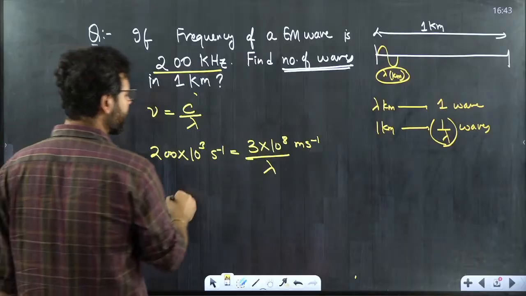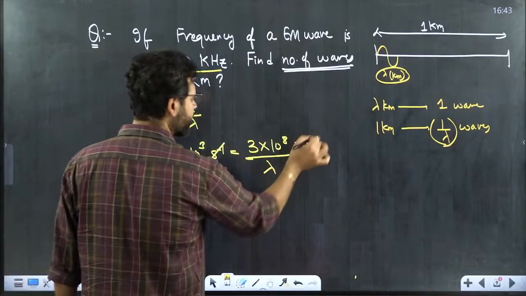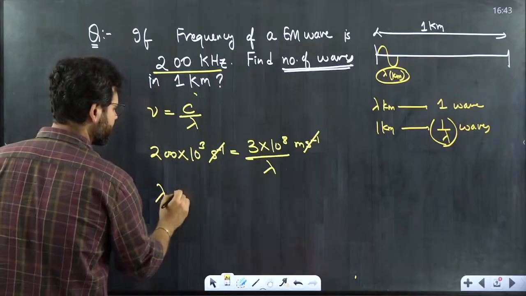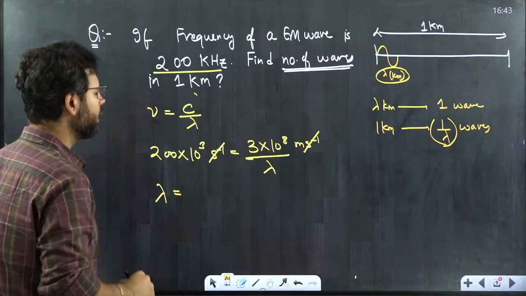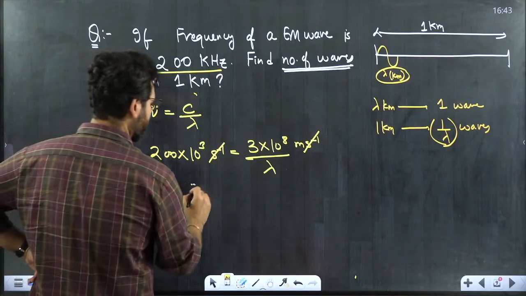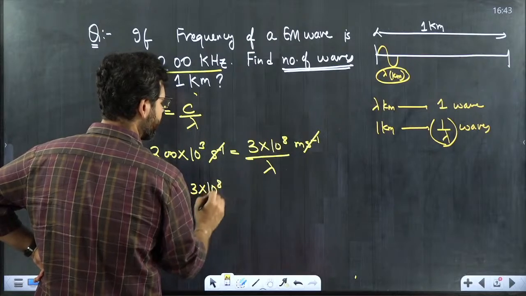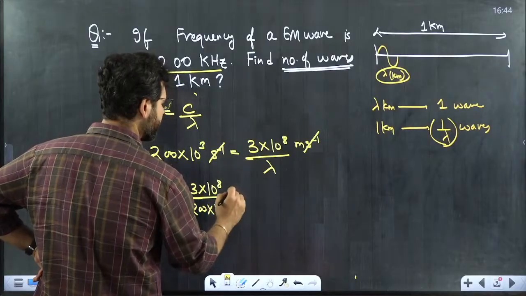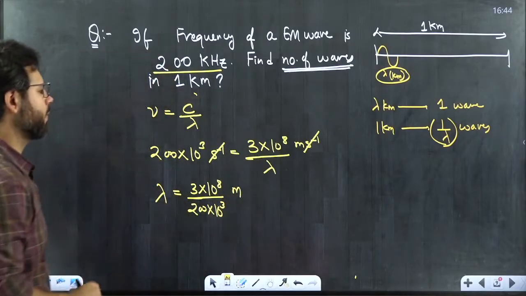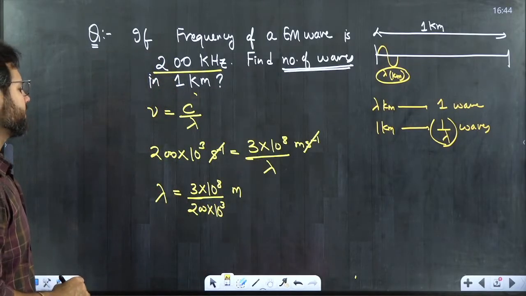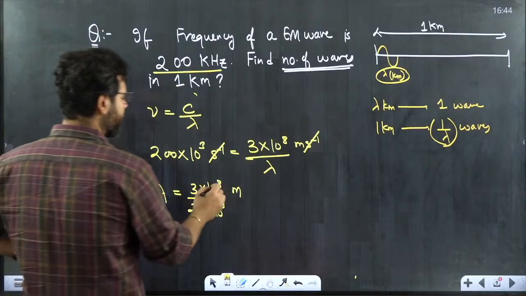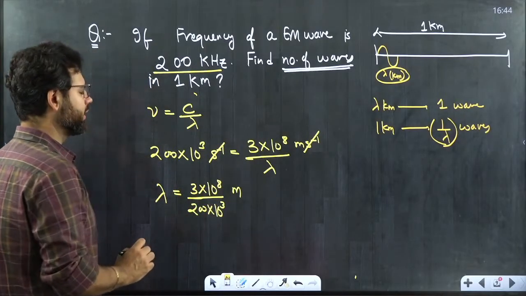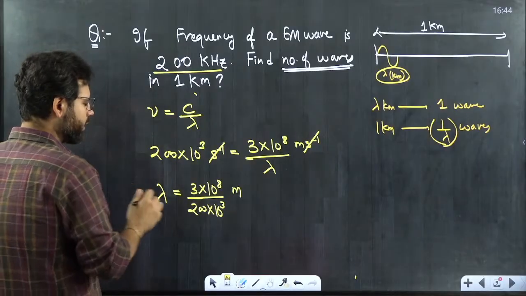So lambda comes out to be 3 into 10 power 8 by 200 into 10 power 3 meter. This is in meter.